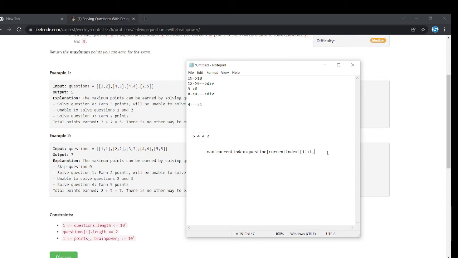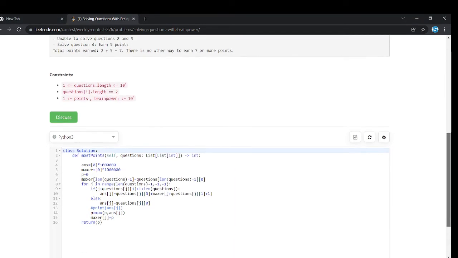Means from all among those available questions, select the maximum one which is giving you the maximum result. Since we are going from right to left, we can actually simultaneously store the maximum in a separate data structure, and then we can actually solve it.